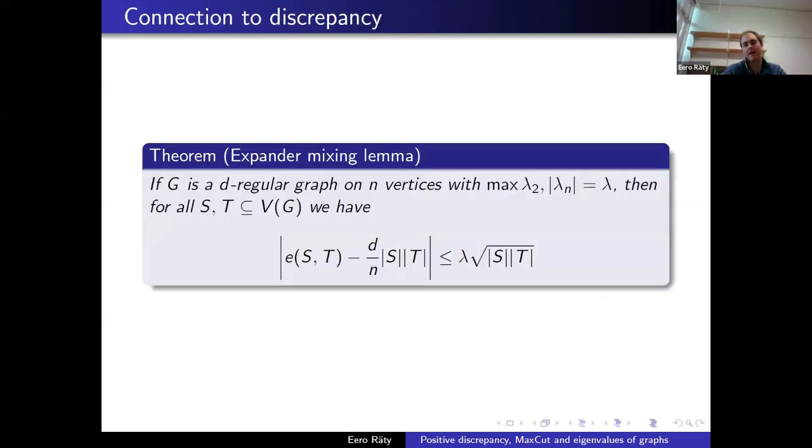So how does this relate to discrepancy? The expander mixing lemma essentially states that the number of edges in a graph between two sets S and T, which may overlap, is basically the number of edges we expect there to be, plus or minus some error term, which is bounded by the maximum of lambda 2 and lambda n.